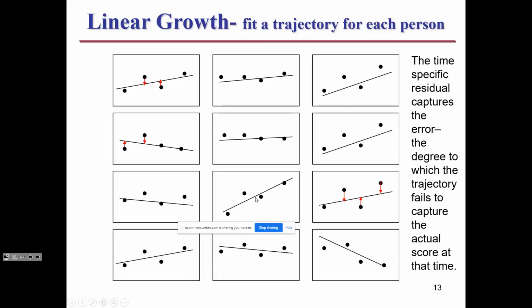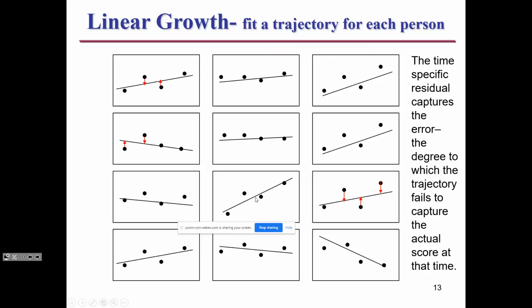I did talk about this earlier, but just to recap with a much prettier picture than what I was drawing. Once we have a trajectory for each person, the time-specific residual captures the error, which is really the difference between the person's predicted score at that time point, which is going to be on that trajectory, right, and their actual score.